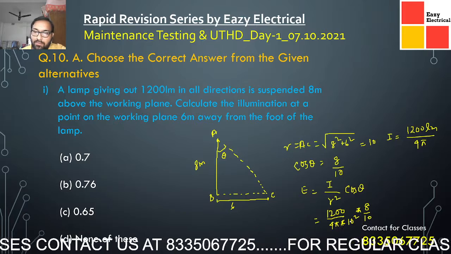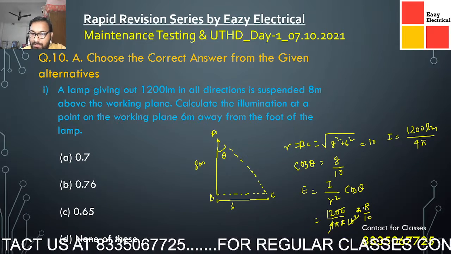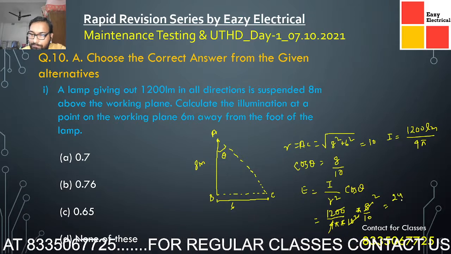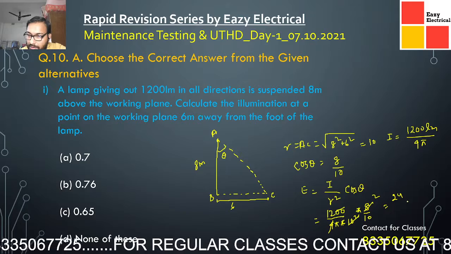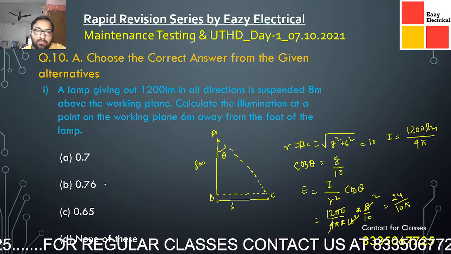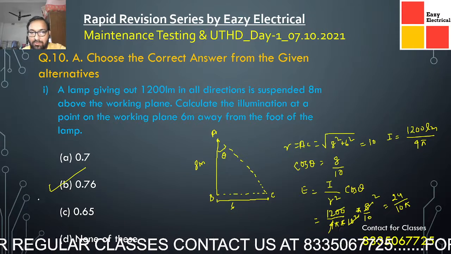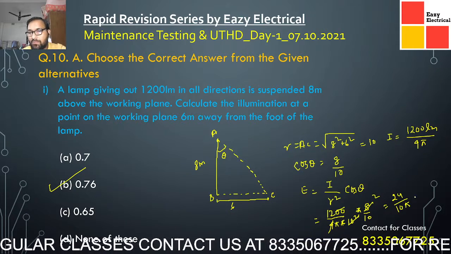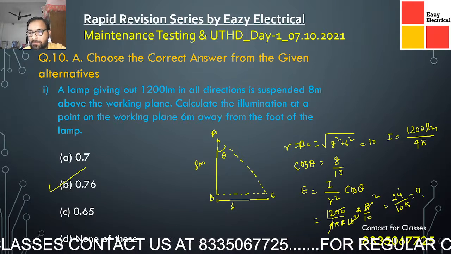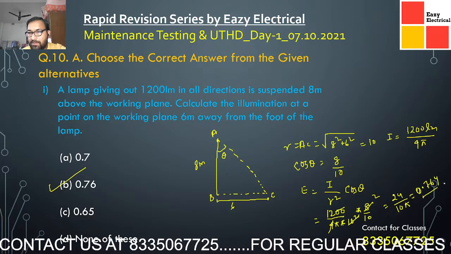Now if you calculate, this 2 will cut, and you will get 24 divided by 10 pi. So roughly the value will come out to be 0.76. If you calculate this data, you will get 0.764, something like that.